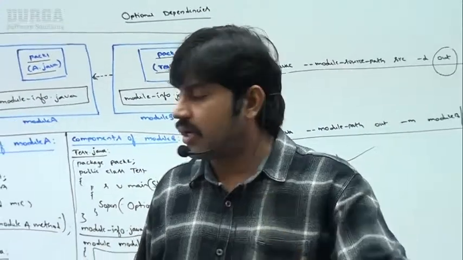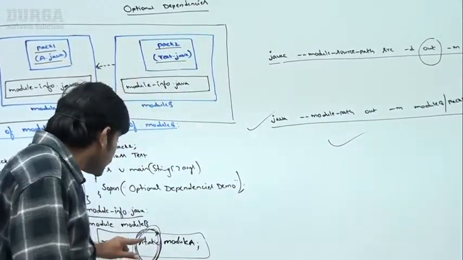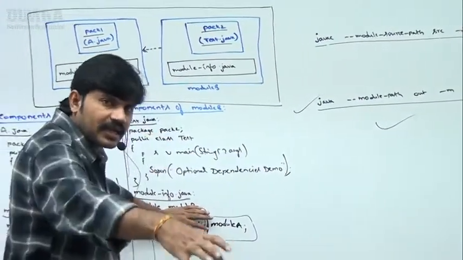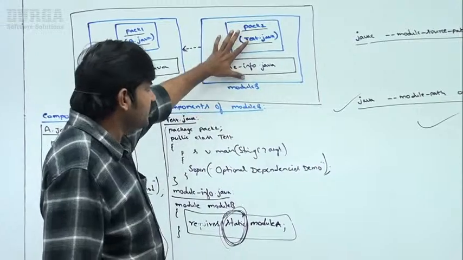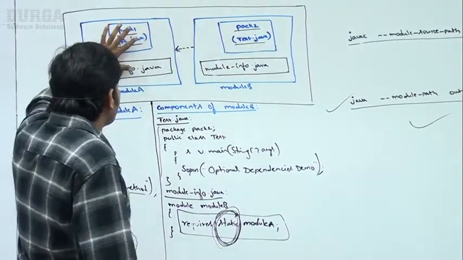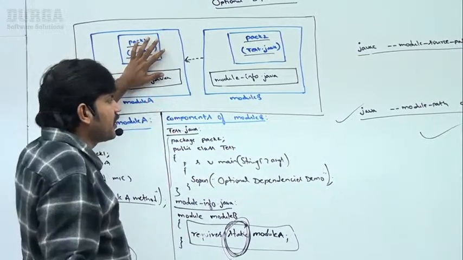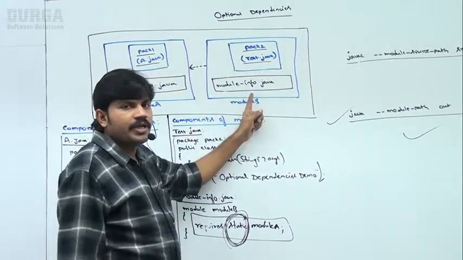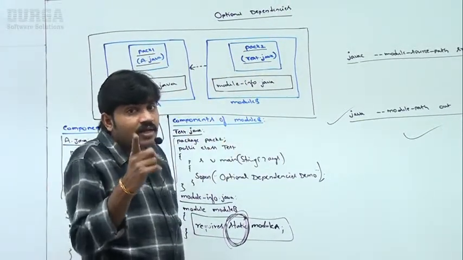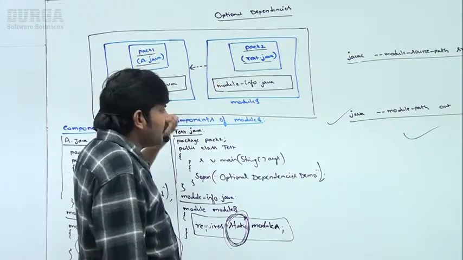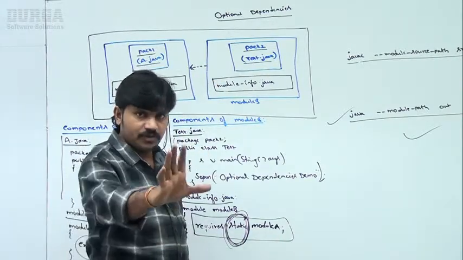Okay, make sure, sir. Because I'm using what? Static. At runtime, while executing module B, if module A is not available, no problem at all. Happily module B is going to run, because module B has an optional dependency on module A. Okay, that's all.